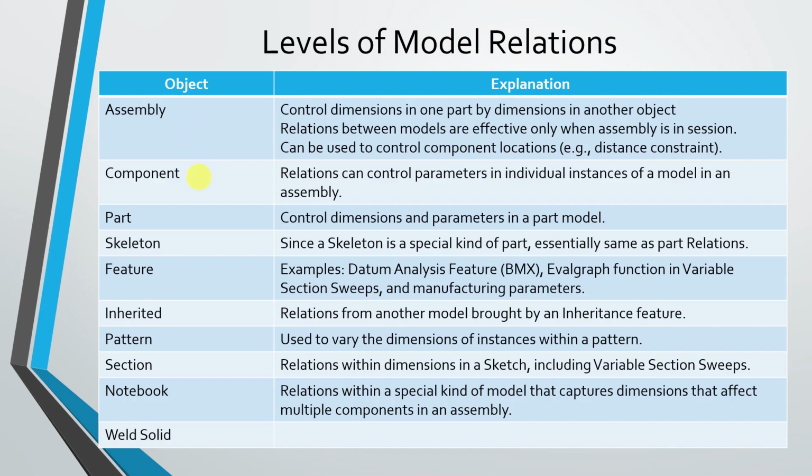You can also create relations at the component level in an assembly. And so for the component level, you're talking one level down from the top level of the model tree. Those are your components. And you can write relations to have different values for different instances of a model in an assembly. In a moment, I'm going to pull open a go-kart assembly.